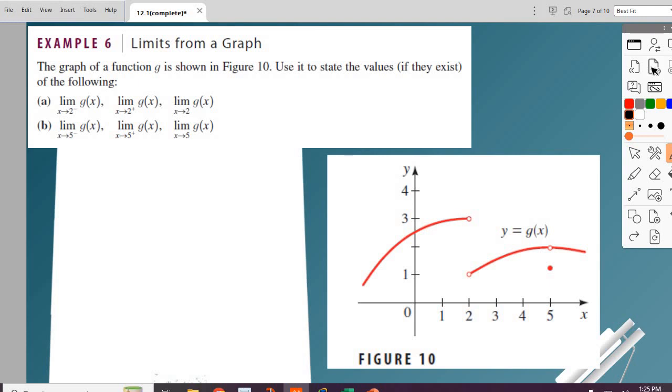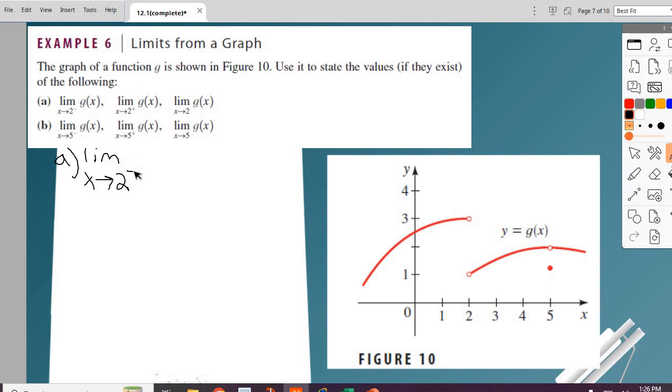So, here we have what type of function there? It's a piecewise function. So notice we have two different pieces of graphs. In calculus in general, you're going to deal with a lot of piecewise functions. So it's good to remind ourselves about it. So now, notice on our first one, in part A, it asks us for the limit as x approaches 2 from the left.